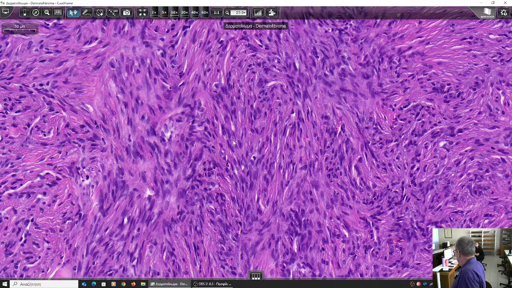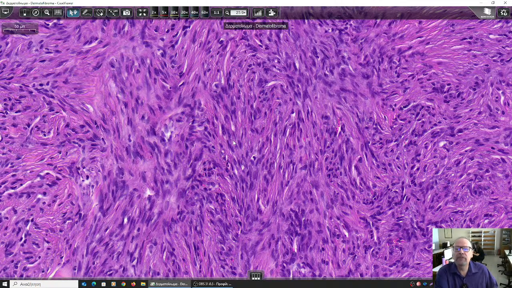Spindle cells. That's right. So they come from mesenchymal tissues, connective tissues, smooth muscle tissues, neural tissues, something like that. Well, in this case, they are some sort of fibrohistiocytic, some sort of a mixed phenotype. So they are from connective tissue.